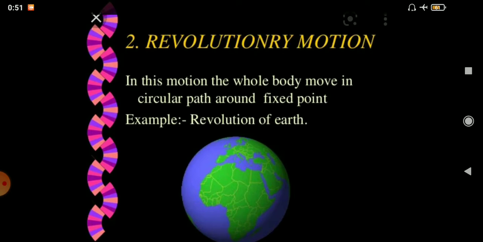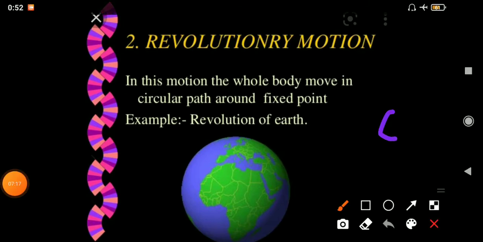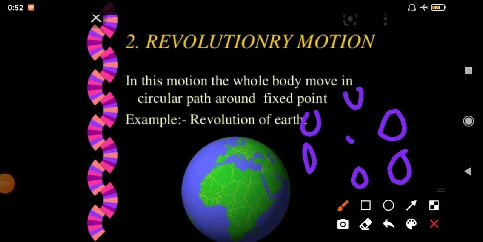Now revolutionary motion, the motion when the whole body moves in a circular path, not only on its axis but around a fixed point. It means the object will move around a fixed point.